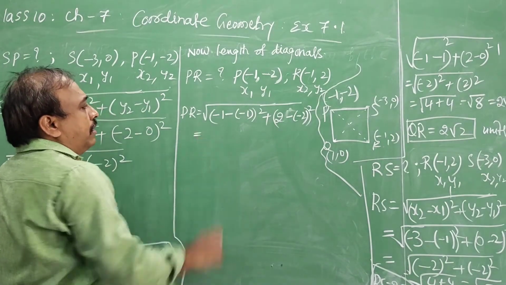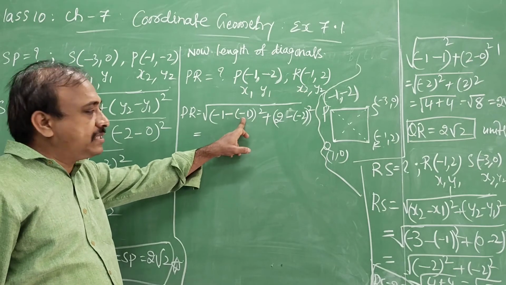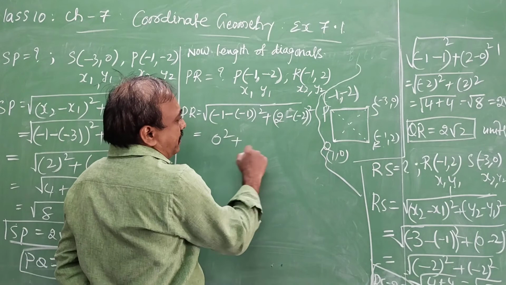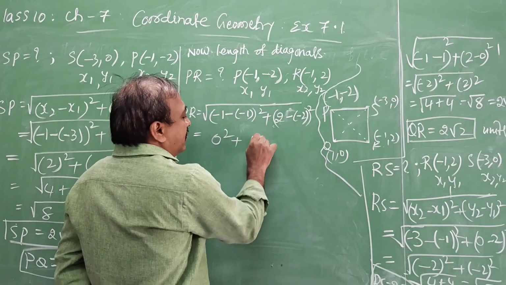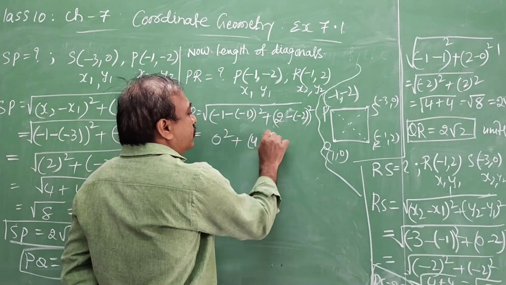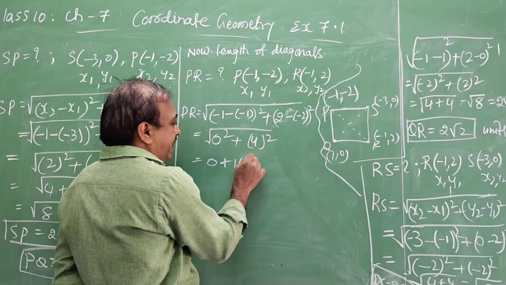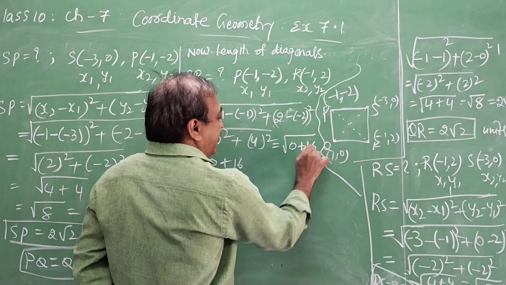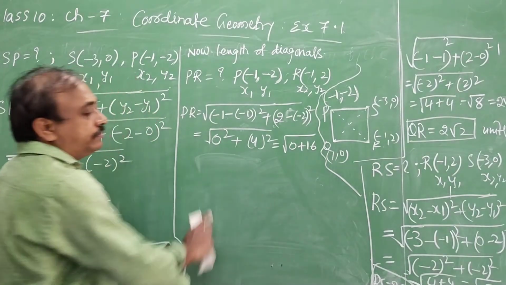Minus into minus plus, minus 1 plus 1 is nothing but 0 square, plus 2 plus 2, that is 4 square, which is equal to 0 plus 16, which we can write as root 16.